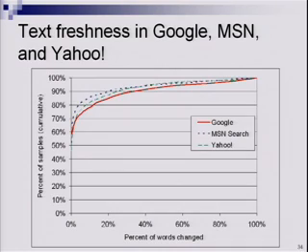So you can see that about 60% of the samples didn't change at all. So in 60% of the cases, all of the search engines were fine. The cached copy was equal to the current copy on the web.